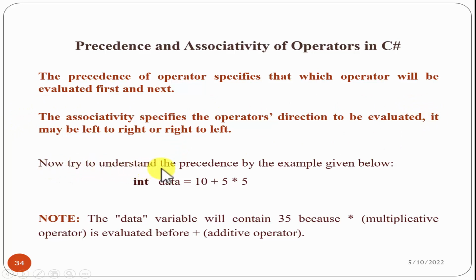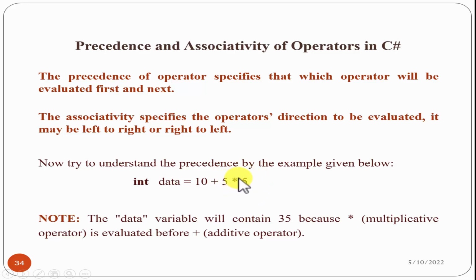Now try to understand precedence with the example given below. It's a simple example, just to understand precedence. Here we have an expression with an integer data variable, assigned 10 plus 5 multiplied by 5. Here the plus operator comes first, but as per precedence, the multiplication operator will be performed first.